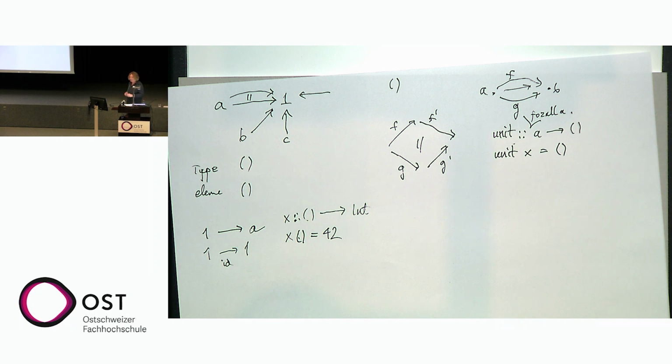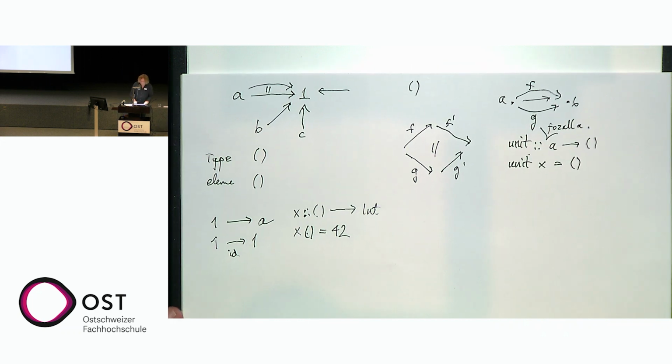So we are sneaking in set theory, because category theory depends on sets, because arrows form sets. Okay.